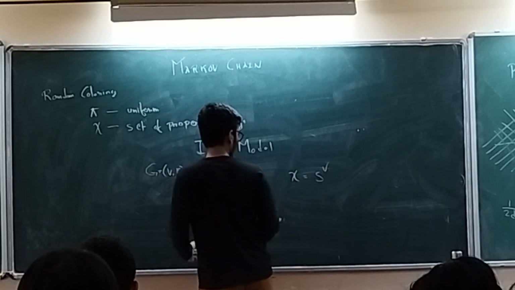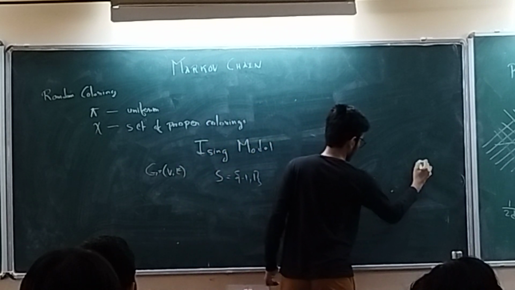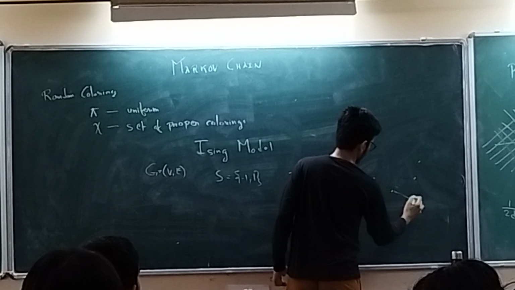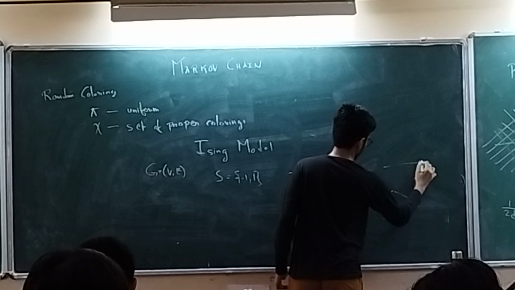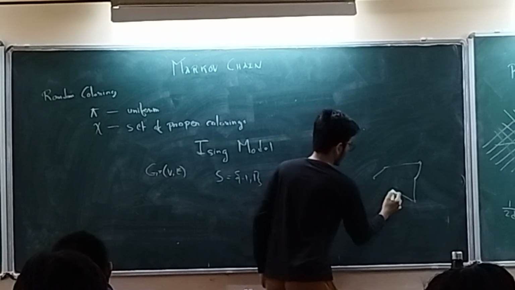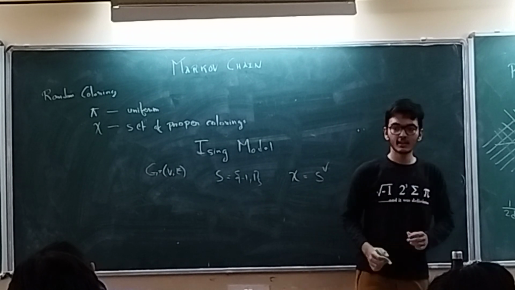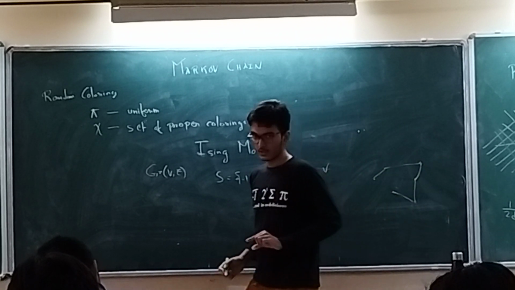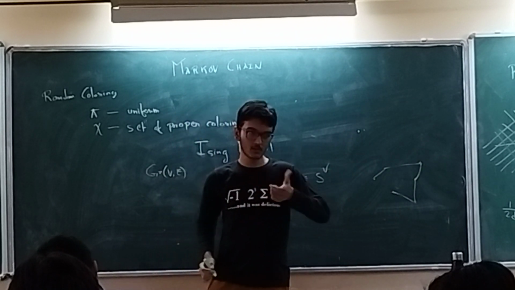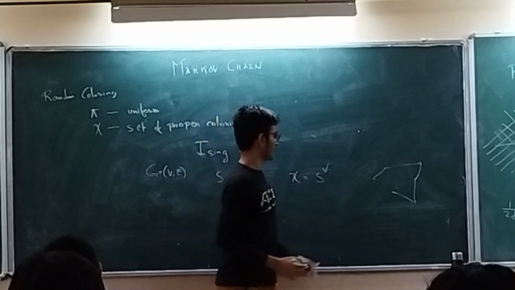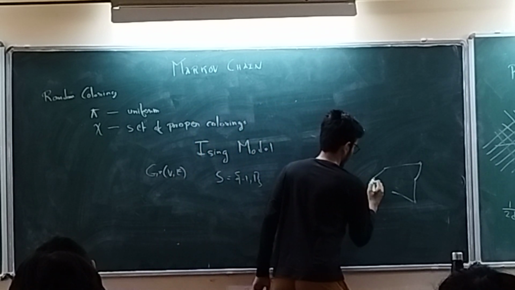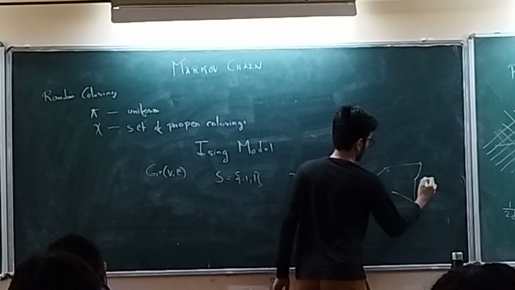So basically you have a graph with some edges, and to each vertex you assign +1 or -1.